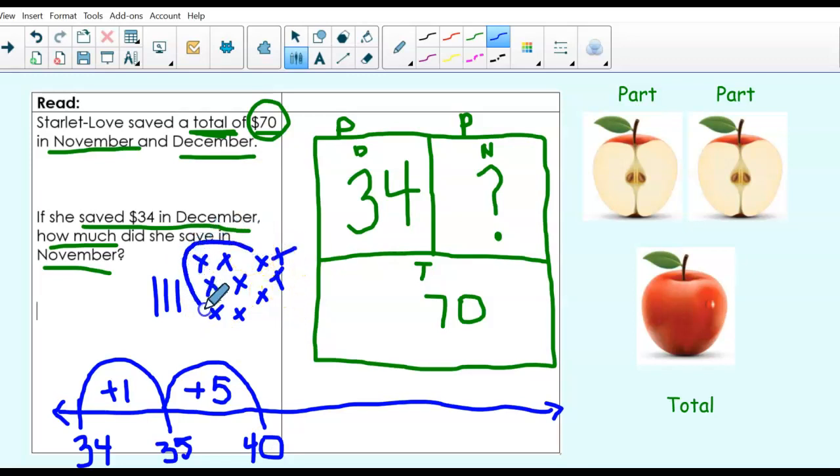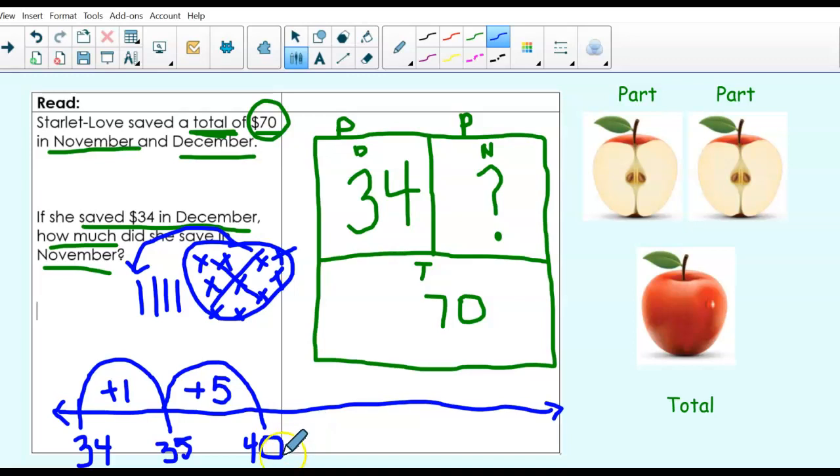Remember, 10 is the magic number. 10 ones equals a tens rod. So we're going to cross those out, take it to the bank, and regroup or exchange it for a tens rod. So here we also have 4 tens rods, or 40. So our numbers still match.